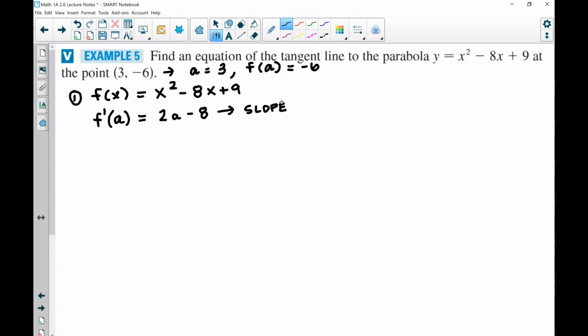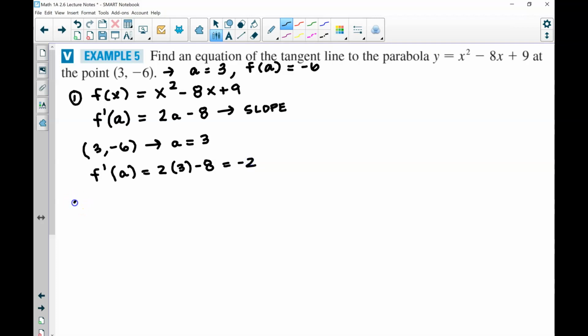Okay, and so again, as we stated before, using the point 3, negative 6, we again determined that a is equal to 3. So what happens at the derivative f prime of a? Well, what does that mean? That means you're going to substitute 3 in for a. So this is going to be 2 times 3 minus 8. And that gives you the value of negative 2.